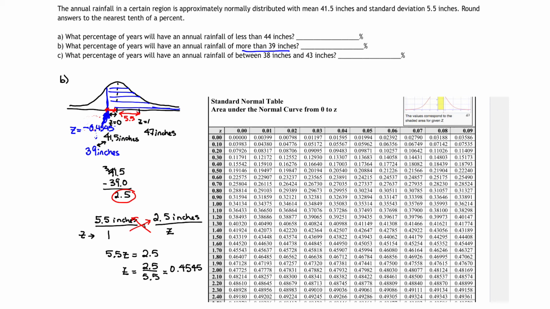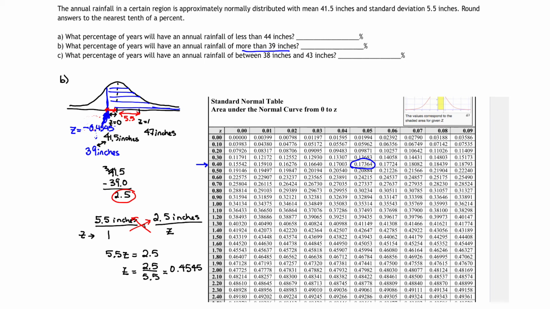So we have our z value, and what do we do with it? Well, now we look at our table. Our table just has positive z values, but that's okay. We take the positive z value that corresponds to 0.4545, 0.45, which should look familiar, and that is 0.17364.